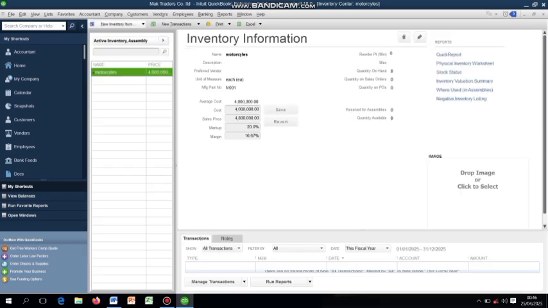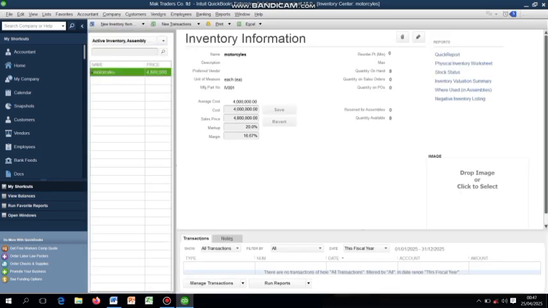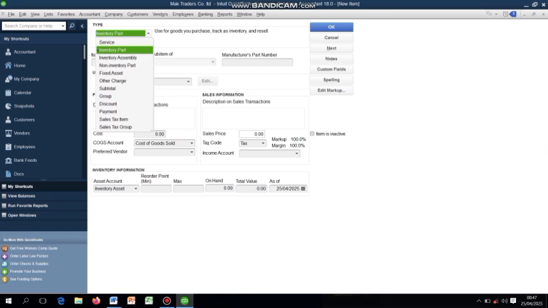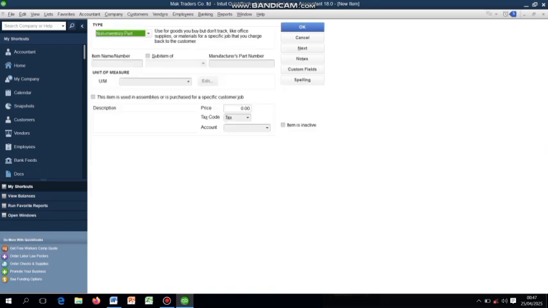I'll add another inventory part, add new inventory item, and that is generators. It's an inventory part. So I'll come to the name, generators. Its number is IV002. The unit of measure is already there. It is each.